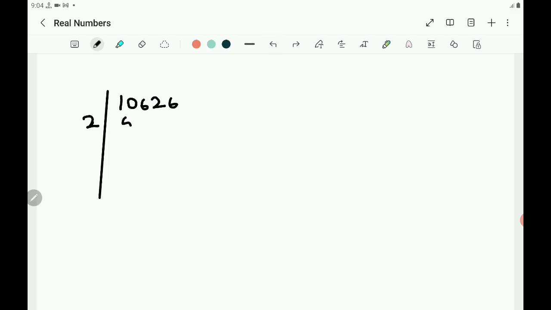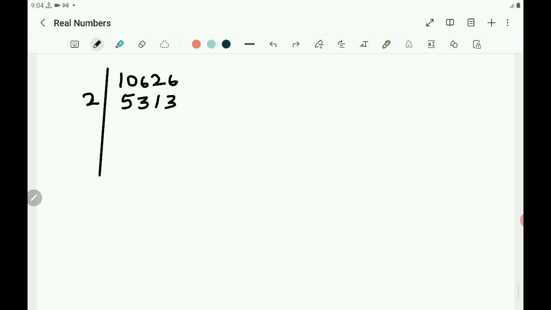So 2 5s are 10. Next you take 6. 2 3s are 6. Then you take 2. 2 1s are 2. Then 6. 2 3s are 6. Here you got the unit digit 3, so you know that it is not divisible by 2.